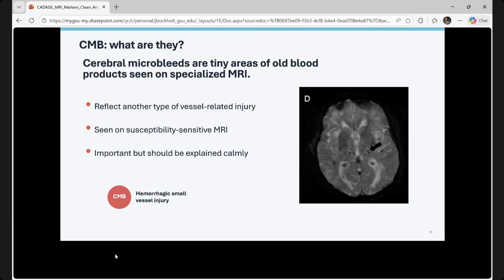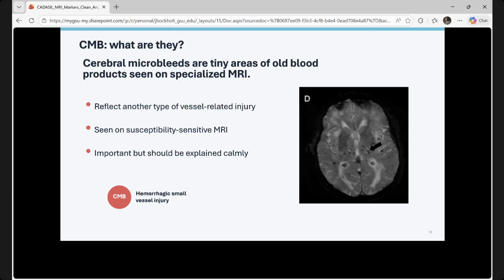So microbleeds. Cerebral microbleeds are next on the list here, and the arrow shows one, and you can't see my mouse, but if you work with just the one dot that you can see, you'll see that there's 6, 7, 8 of those on each side.